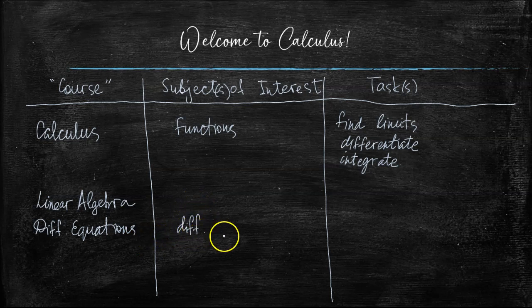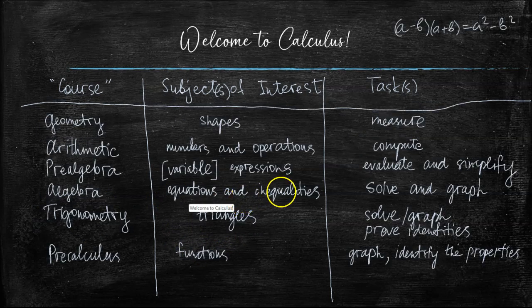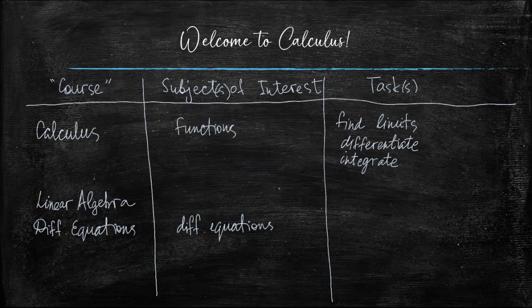The main subject of interest in differential equations is differential equations. So it's the next level of equations. If these are differential equations, what are the other equations? You can refer to those as numerical equations because the unknown is a number. Here, the unknown is a function, and instead of looking for an unknown quantity, we're now looking for an unknown function. So it's an interesting course.